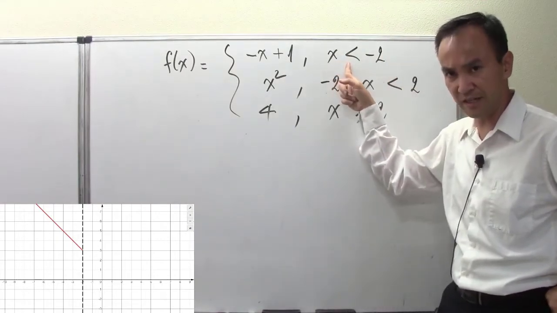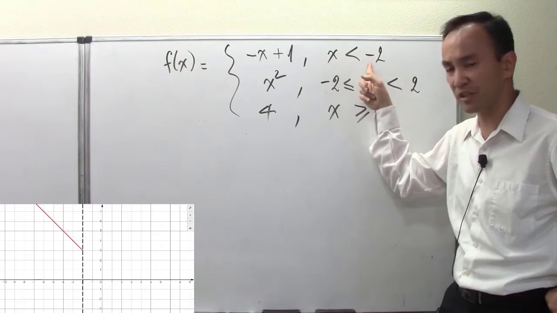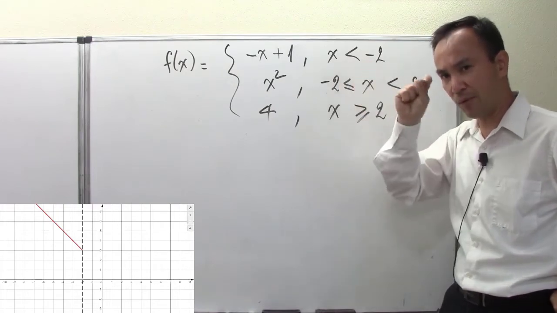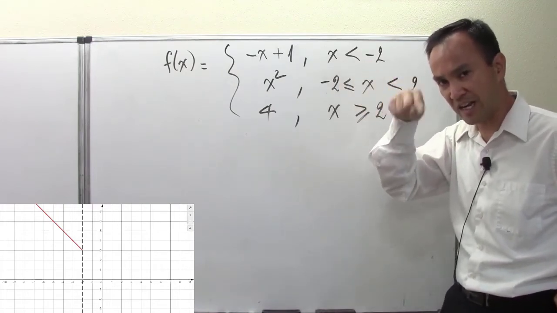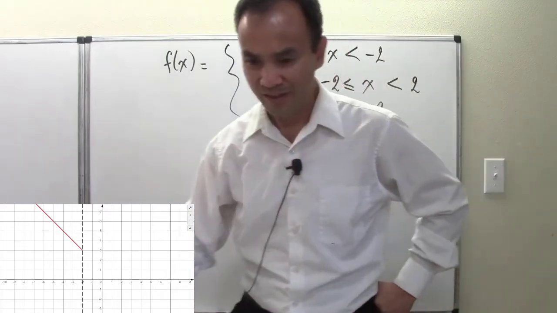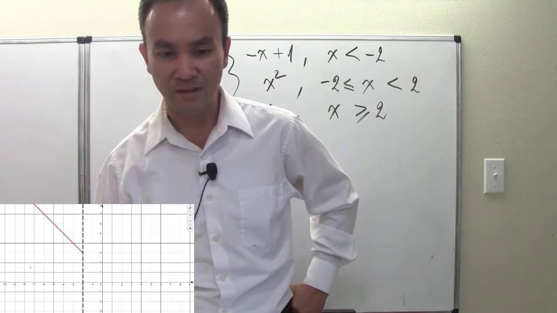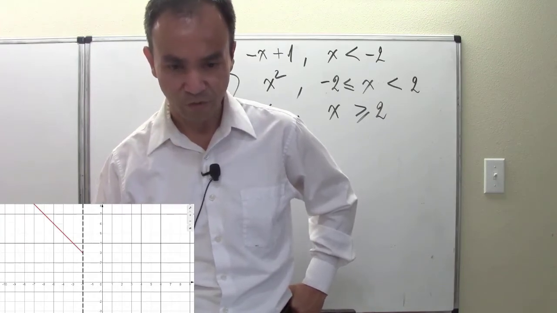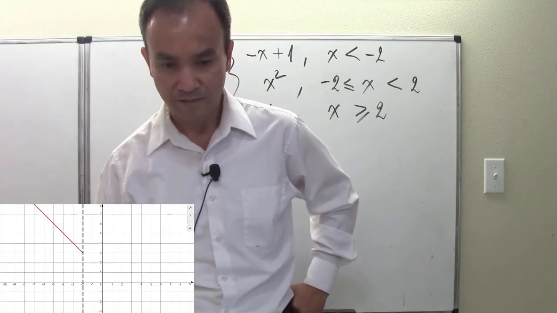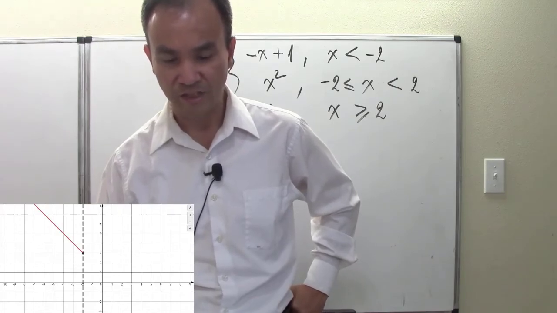It's not included. So we're excluding x equals minus 2. In that way, the point right at the breakpoint needs to be an empty circle. So right here it has to be an empty circle. Okay, so now I am going to put that in, but it needs to be an empty circle.